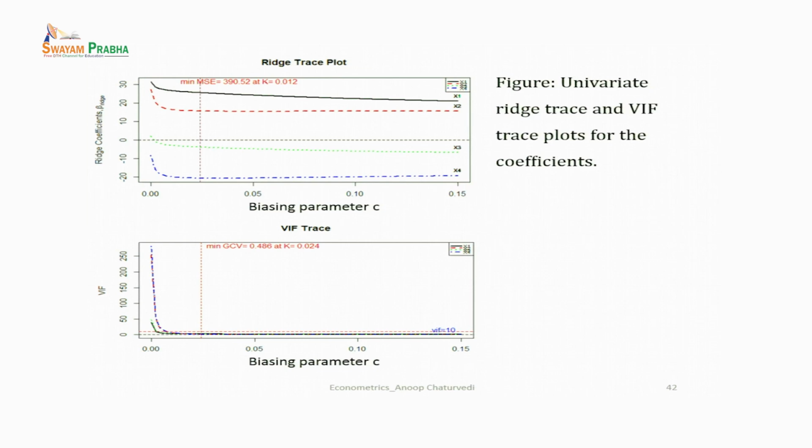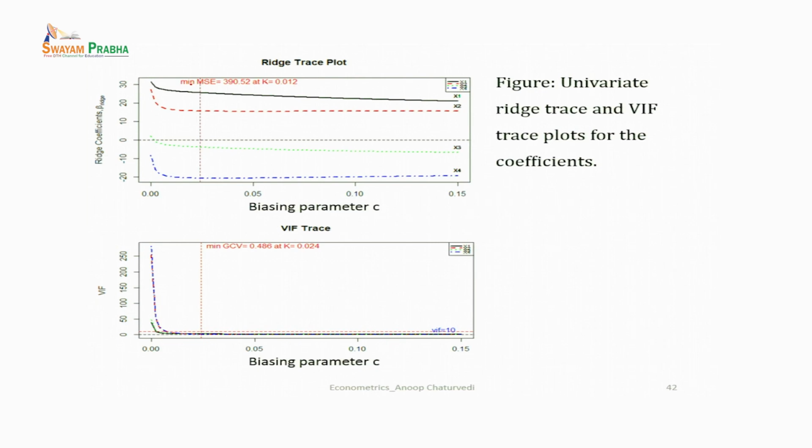We have also plotted the variance inflation factor VIF trace corresponding to the biasing parameter c. From this graph you observe that the minimum of MSE you get for the biasing parameter equal to 0.012.